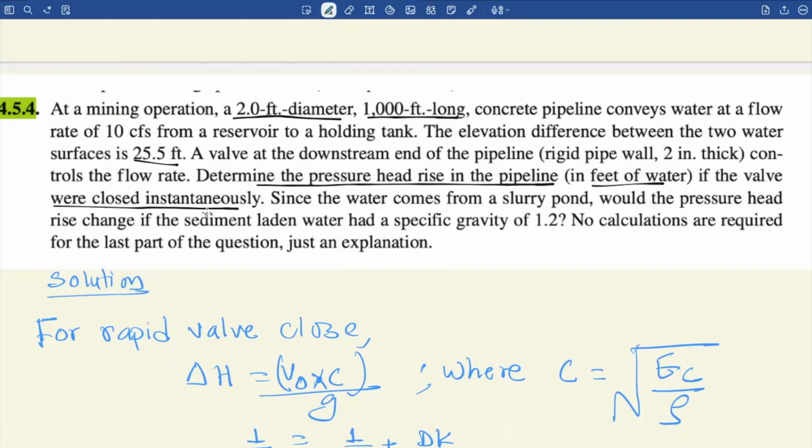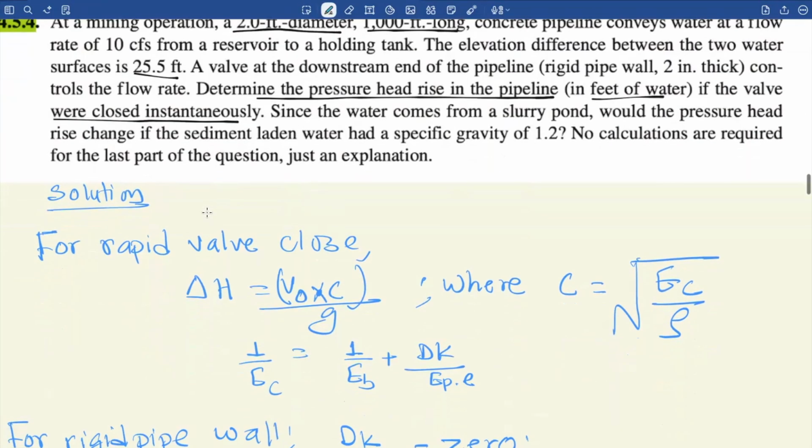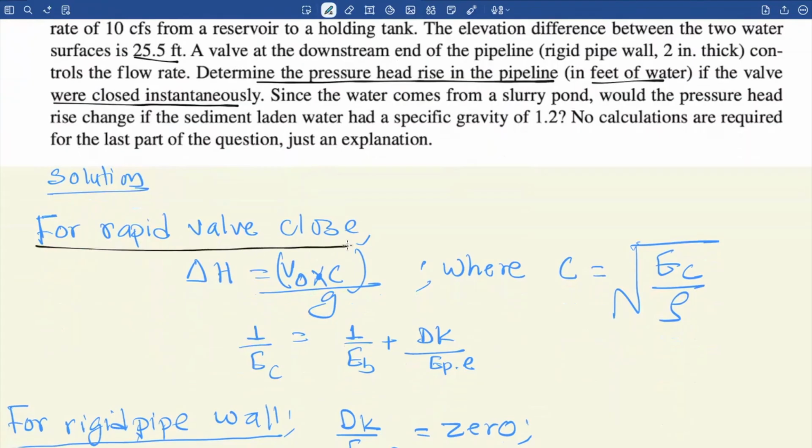The condition is already given: the valve is closed instantaneously. So for a rapid valve closure, I previously also explained the formula. The change in pressure head ΔH will be equal to initial velocity times C by G, where C is equal to square root of EC by rho.